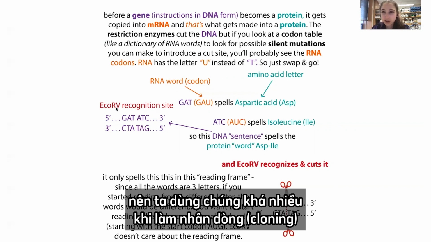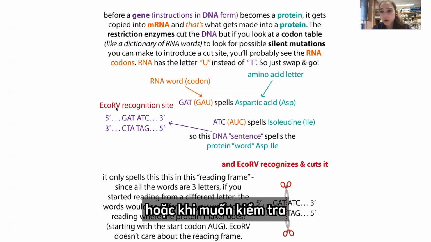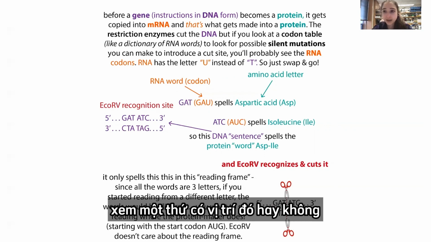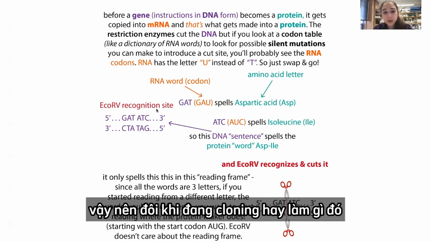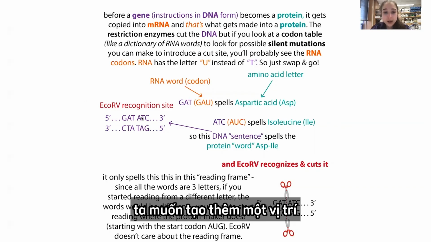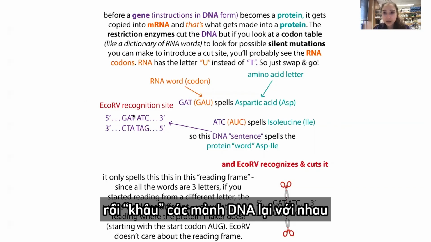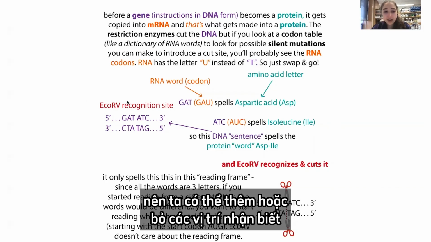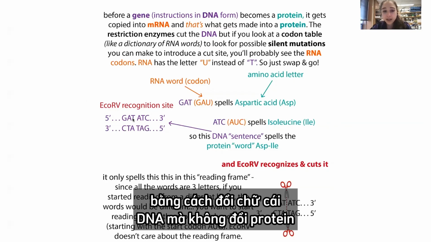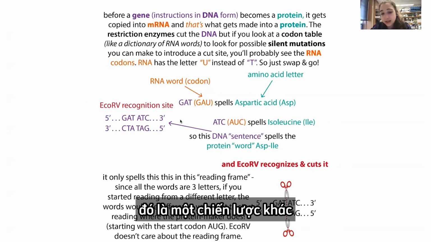And so we use these a lot when we're doing cloning sometimes, or when we want to test things, like whether the thing has a site or not. And so sometimes when we're doing cloning, we want to introduce a site so that we can get it to cut, so we can then stitch pieces of DNA together. And so we can introduce or remove recognition sites by changing the DNA letters, but without changing the protein. And so this is another strategy.